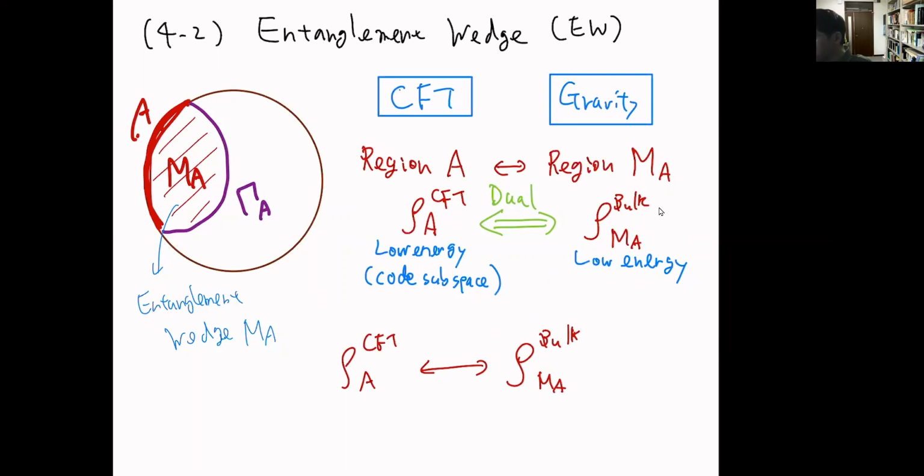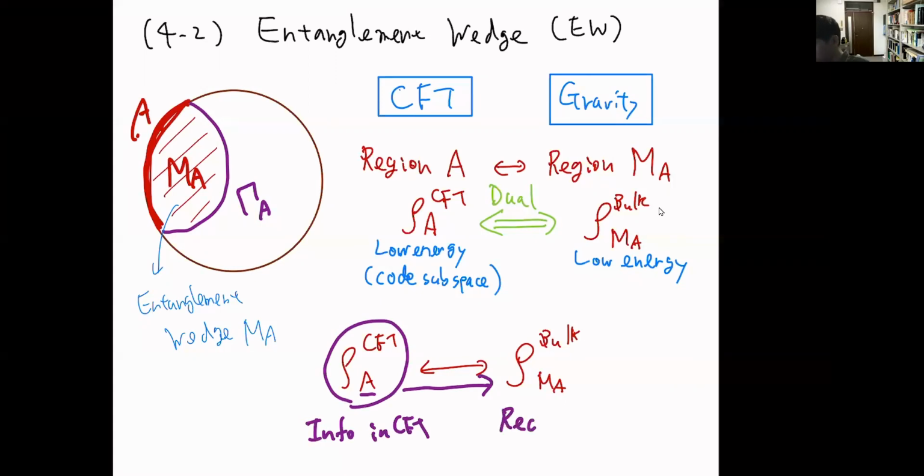People use the word bulk reconstruction. Bulk reconstruction means this direction: by assuming the information in the CFT limited to region A, you can reconstruct the bulk geometry, bulk theory, bulk gravity. Because if this duality is true, then we can reconstruct the higher-dimensional gravity background from just CFT information.